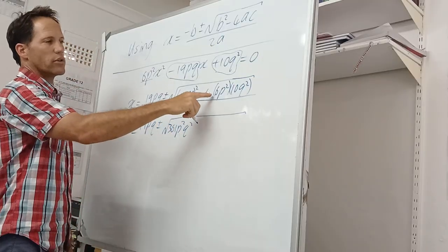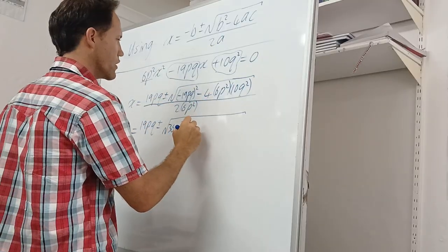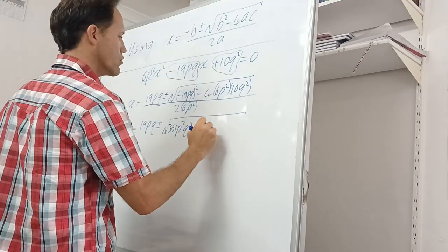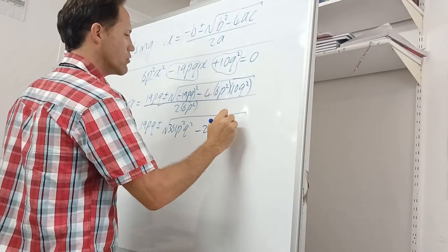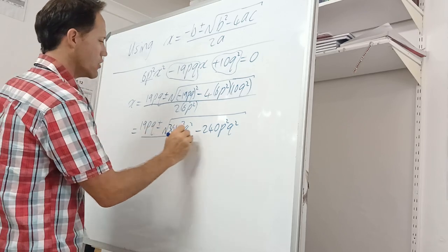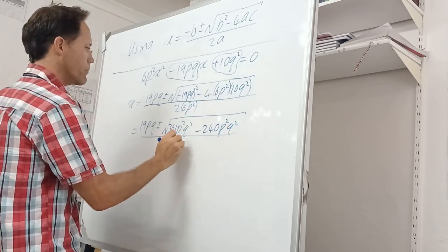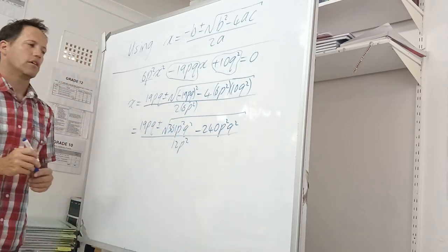And then here is 24 times 10, so it's 240. And minus 240 b squared q squared, and the whole thing is over 12b squared.